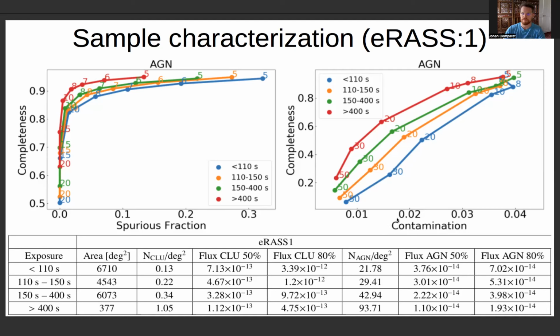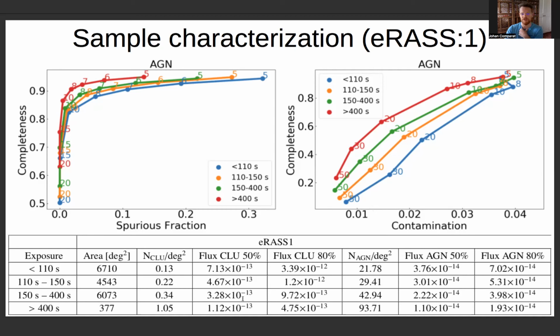So we can classify, for example, a cluster contaminating an AGN, or the opposite. And you see that here at lower exposure times, to have a similar few percent spurious fraction, you need to increase your detection likelihood to about 10.